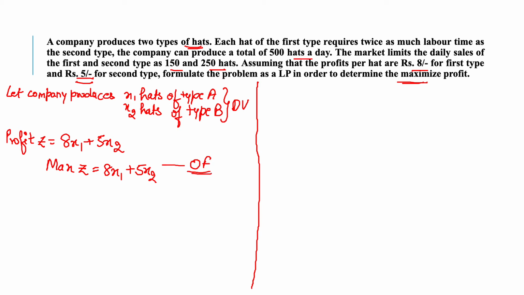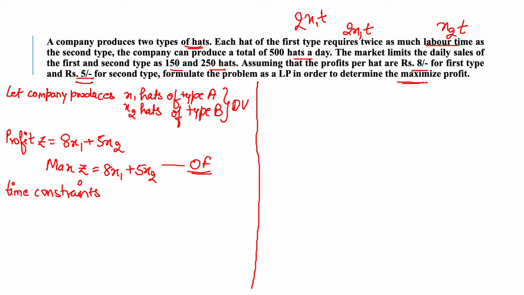Okay. Last thing remaining is the constraints. So constraint based on time. In this it's given that labor time for type 1 is x1t and it is 2 times the labor time of x2t, second type of hats.